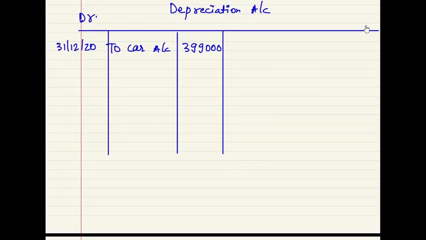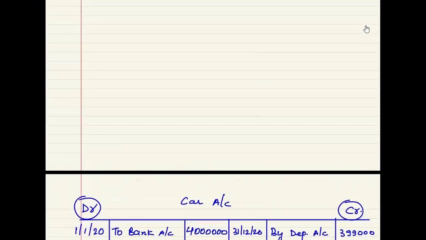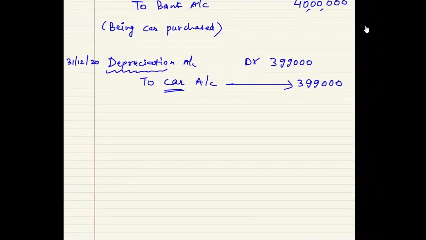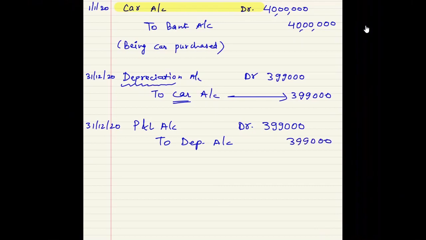Now let us go to the depreciation account, where this balance will go. This is an expense. So after the close, this will go to the P&L account. So by P&L account, it will be on 31st of December 2020. So I need to pass one more journal entry to transfer this depreciation expense to the P&L account. So again, 31st of December 2020, I will transfer this expense, that is P&L account debited with 3,99,000 to depreciation account 3,99,000.